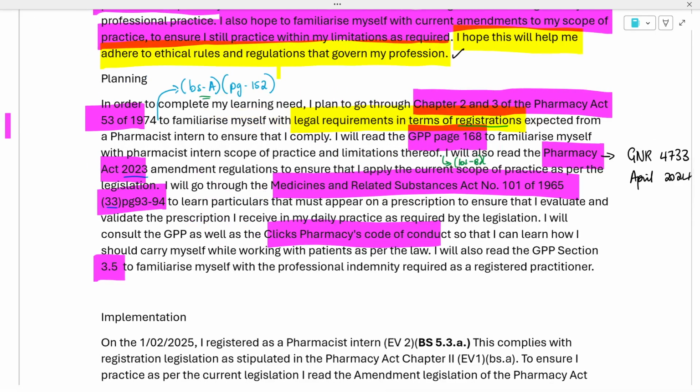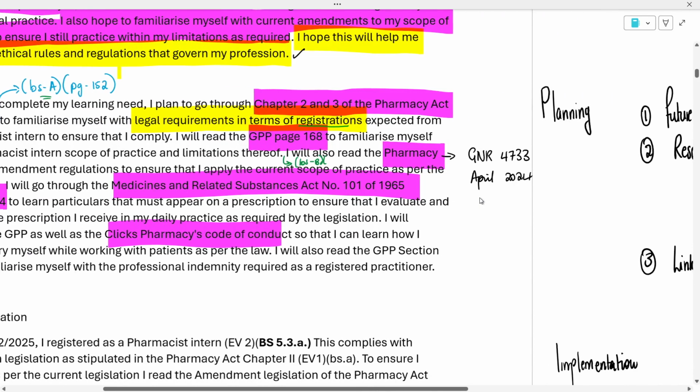The scope of practice was not published in 2023. So this means your evidence will be factually incorrect, because it's not from 2023, but 2024. And then here, you need to state the specific regulations that you're talking about. This is regulation 5 and 6 that you want to apply.